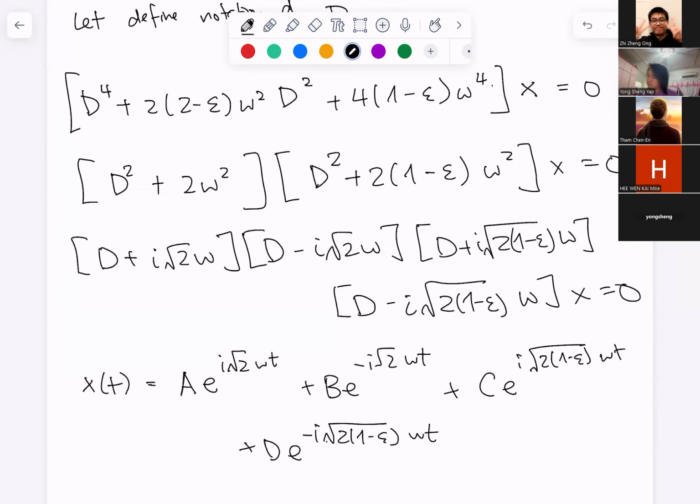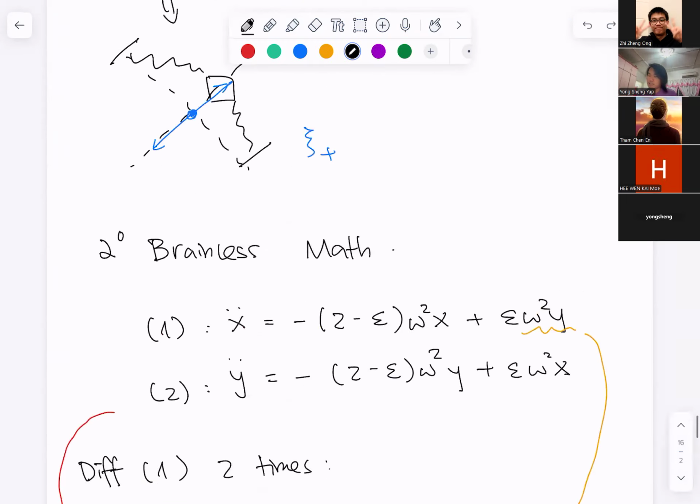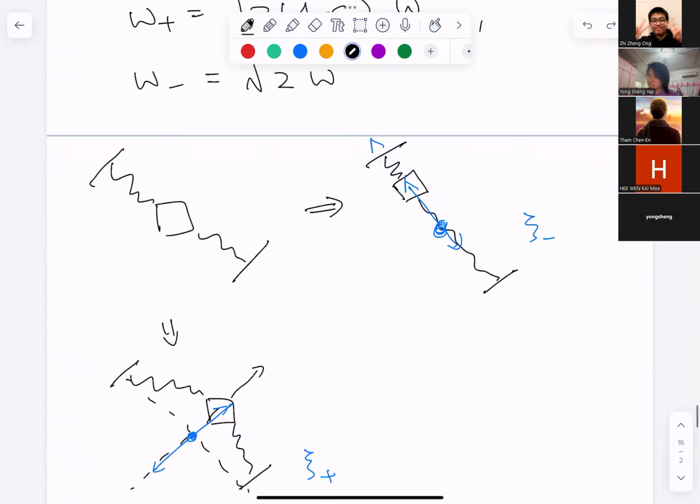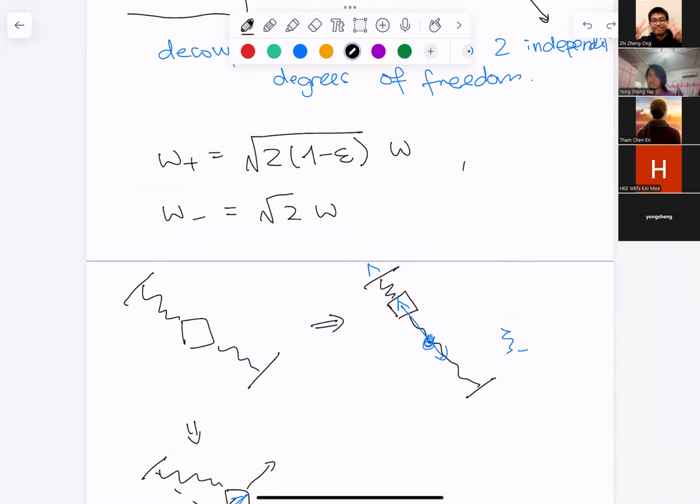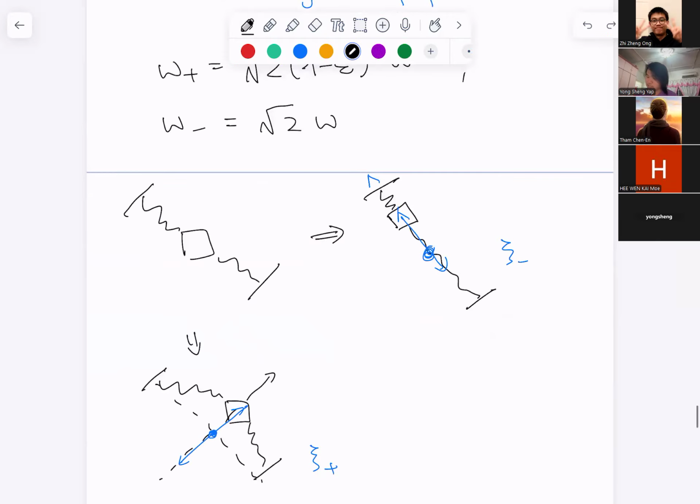So we know that these equations are basically oscillations of different frequencies that correspond to the oscillation frequencies that we have found above in the physical insight question, where we have omega plus being the frequency that you have by oscillating in the x plus y diagonal, and square root of 2 omega is the frequency that you were oscillating in the x minus y diagonal.